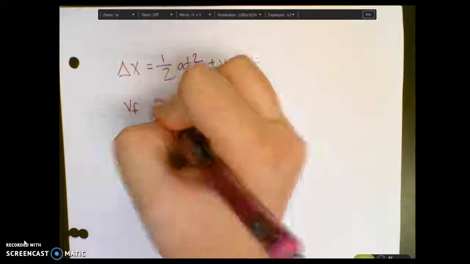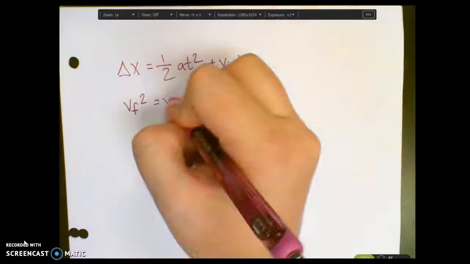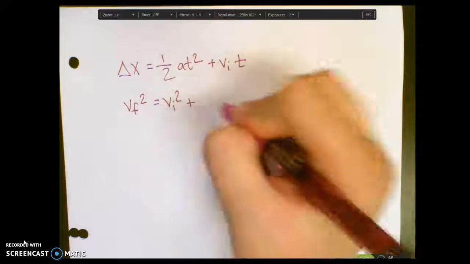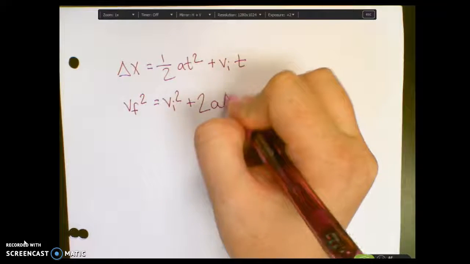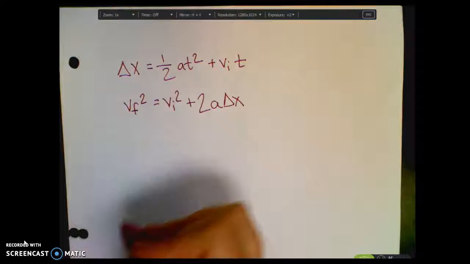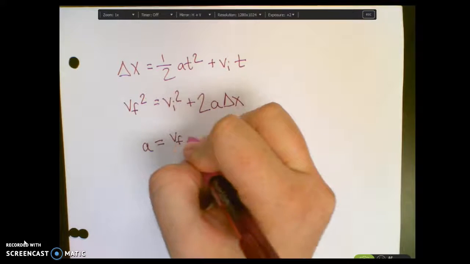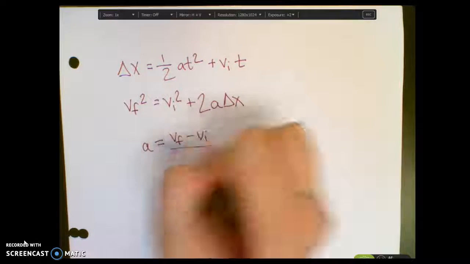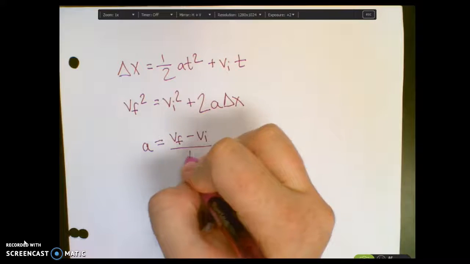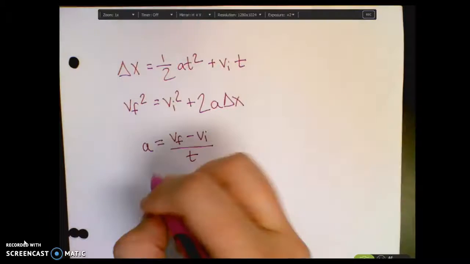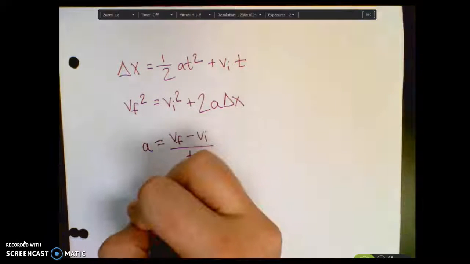Our second equation is vf squared equals vi squared plus 2a delta x. This is the first equation that I introduced to you in the beginning of this video. And finally, we have a new equation.